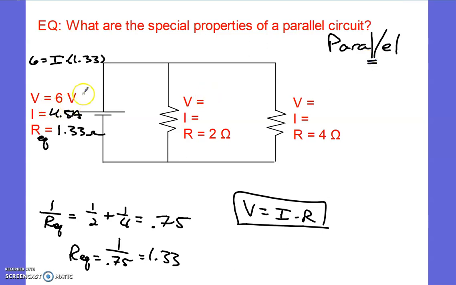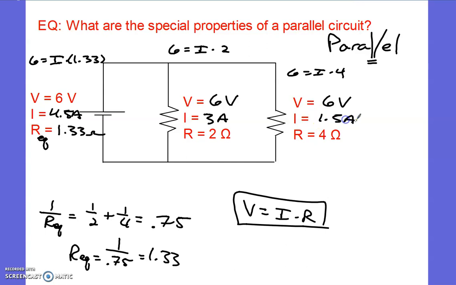So here, since the voltage of the battery is 6, all the other voltages are also 6. And once you know 2 out of the 3, solve for the third using Ohm's law. This current comes out to be 3 amperes. Here we have 6 equals I times 4, and this current comes out to be 1.5 amperes.